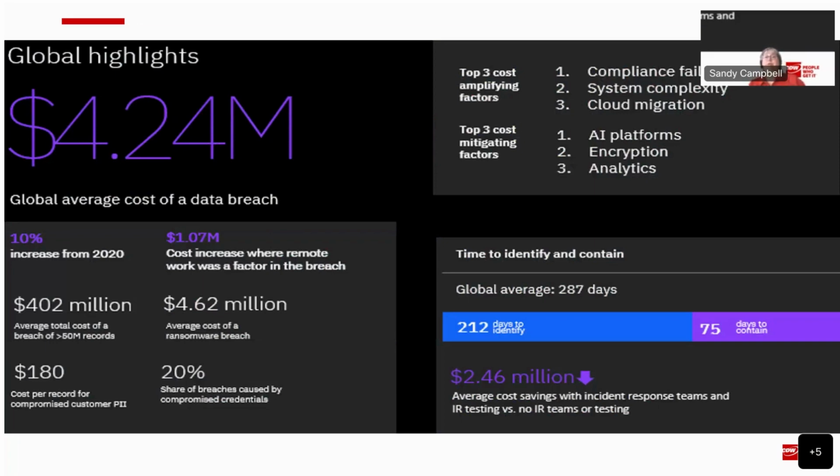So now globally, we're looking at 4.24. And I think the most staggering statistic on this chart is the 20% at the lower left corner, where it talks about how 20% of the breaches today are caused by compromised credentials. That number keeps growing. The internal threat is real.